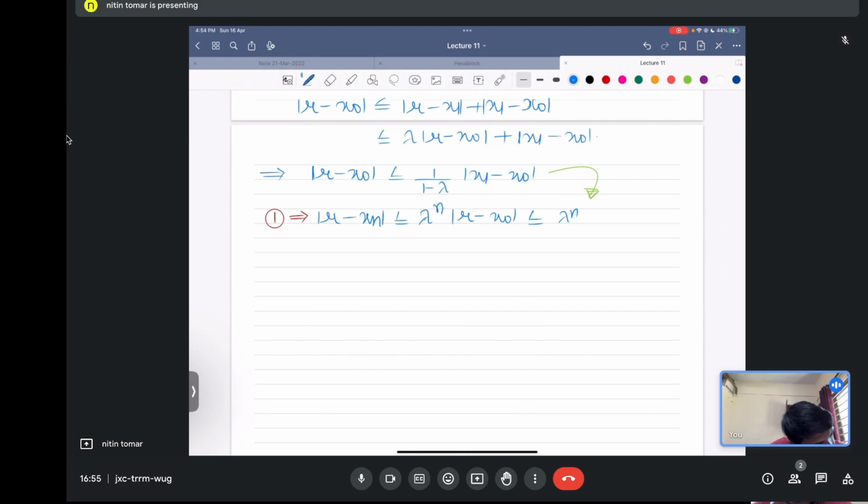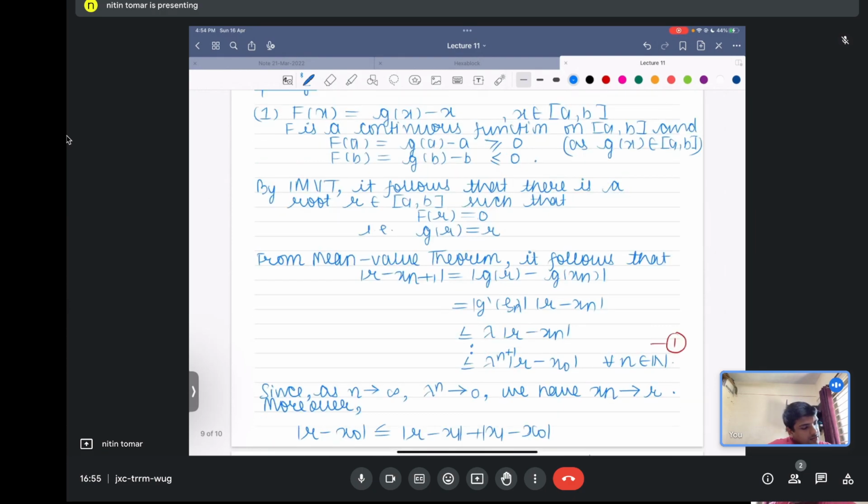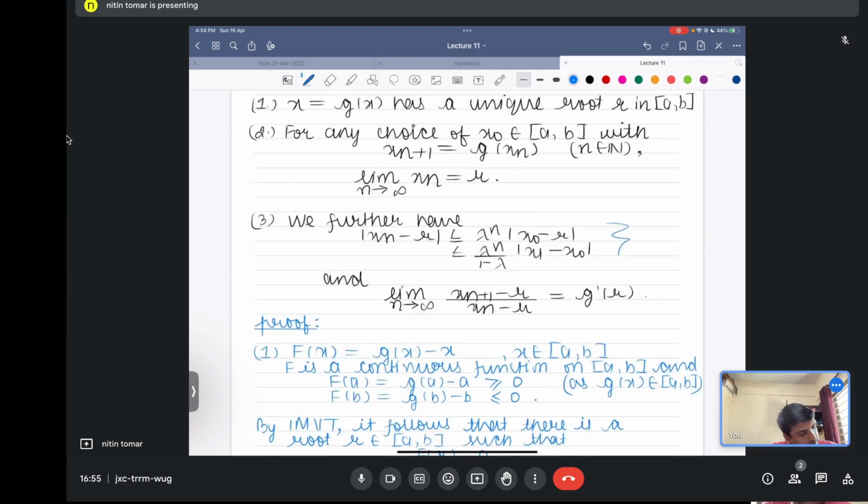So here we will have λ^n/(1 − λ) times |x1 − x0|. So this gives us this part of the proof. We have proved one, uniqueness is still left, then we have proved this part.